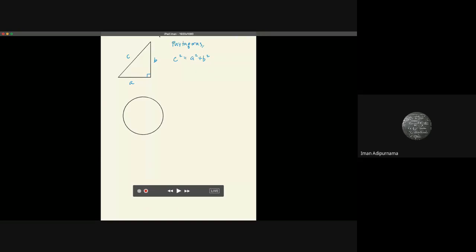Imagine you are having a circle with some radius, let's say r.